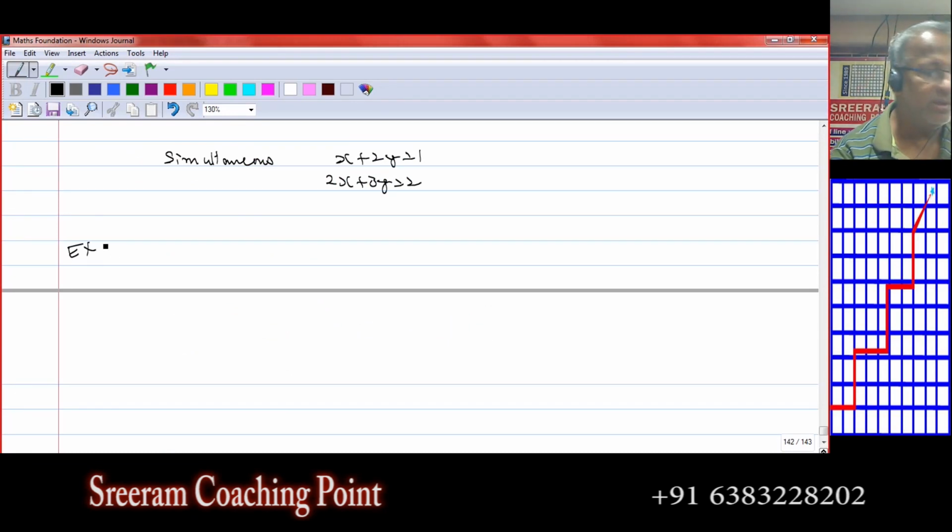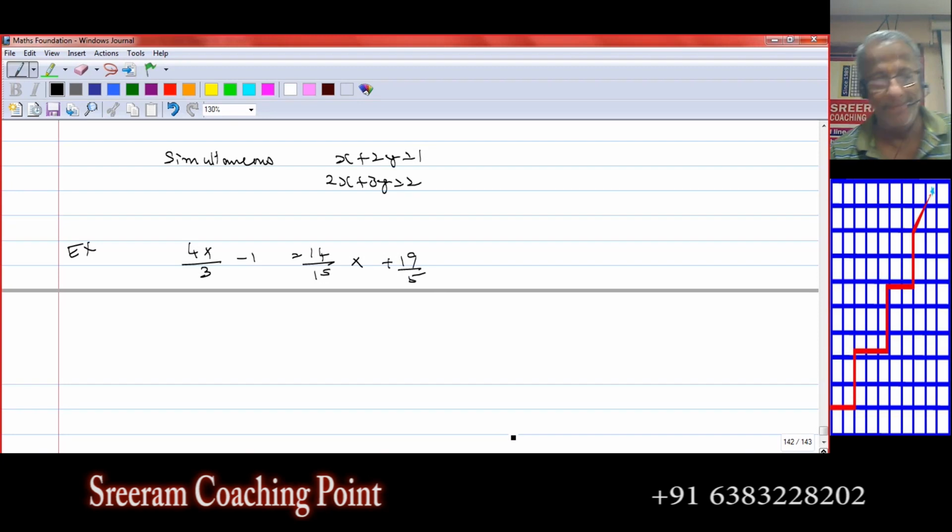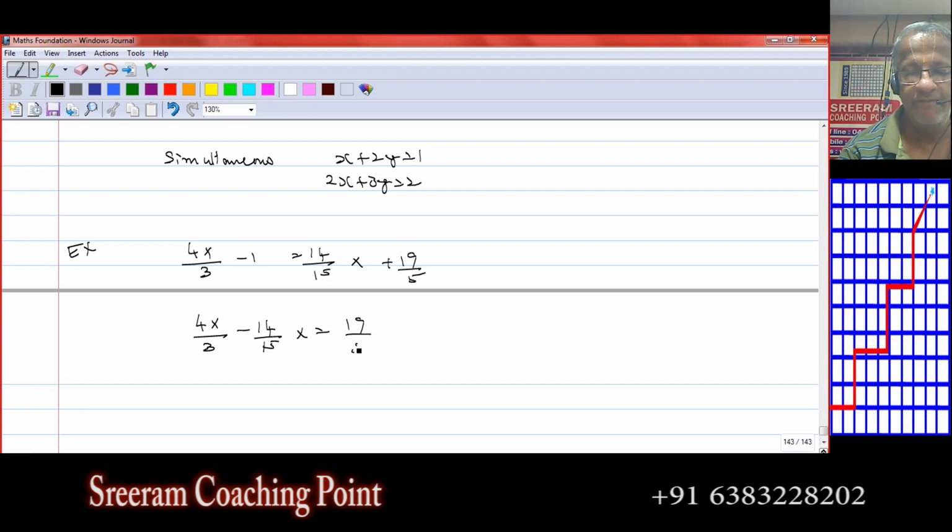So, example: 4x divided by 3 minus 1 equal to 14 by 15x plus 19 by 5. Let us bring all these terms to one side: 19 by 5 plus 1.